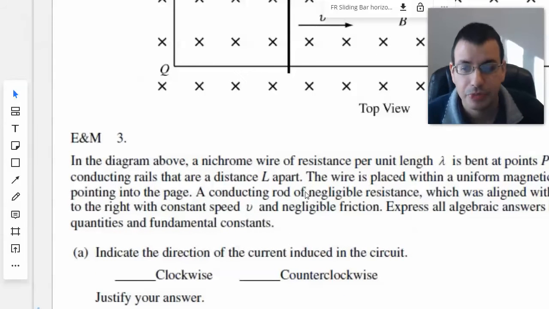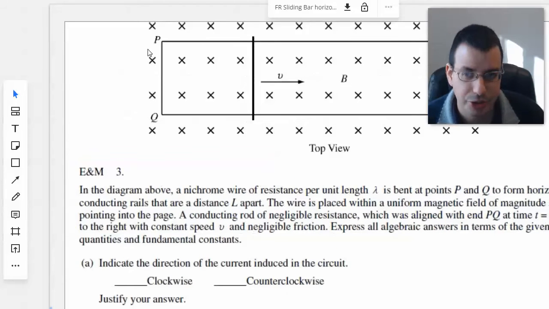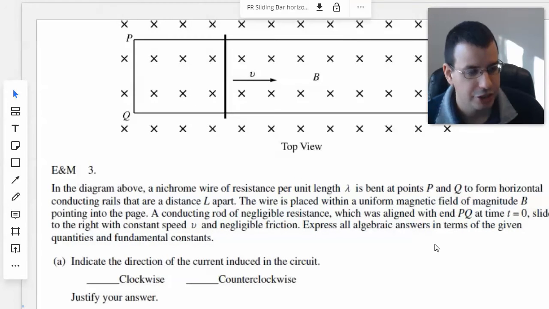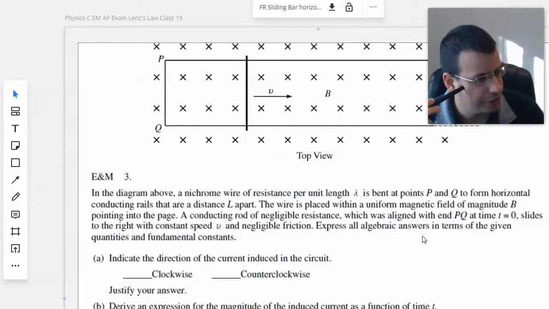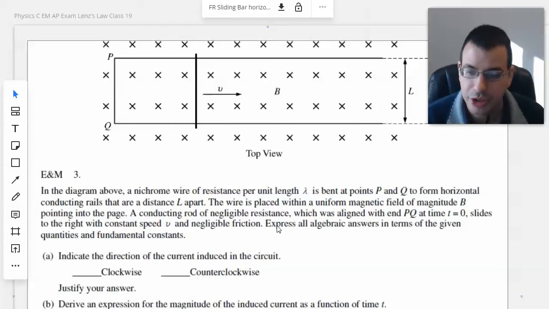Nichrome wire of resistance per unit length lambda is bent at points P and Q. Check, check. So it's all one wire, it's just bent. They didn't solder it together or anything. Or weld it? Do you weld nichrome wire to form horizontal conducting rails that are a distance L apart? Okay. The wire is placed within a uniform magnetic field of magnitude B, pointing into the page.